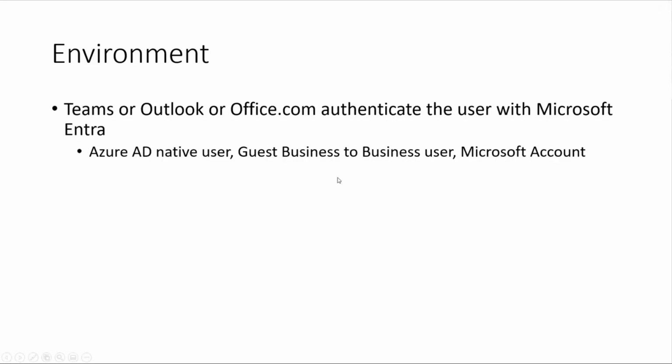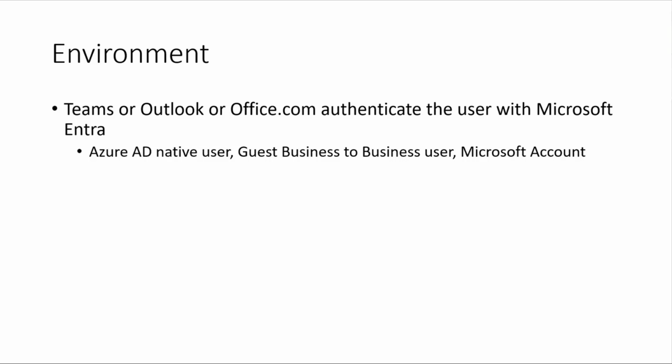Now, what's the environment in which these collaborative apps run? Well, the key part is that the user is already authenticated into one of these collaborative host applications, or hub application, if you will. So the user's already signed into Teams, or into Outlook or Office.com. So the application has already performed that initial authentication. This could be a native user of Azure AD for that Teams.